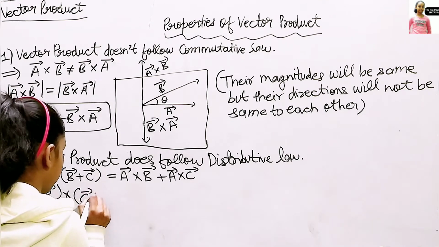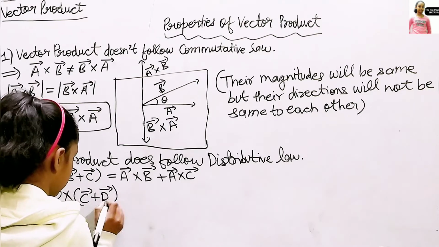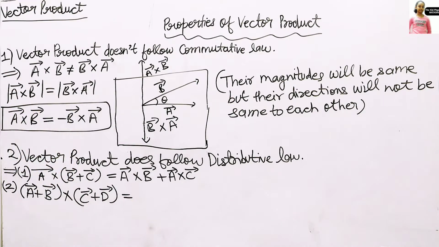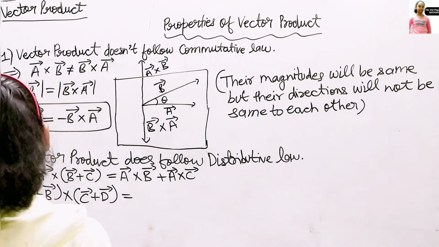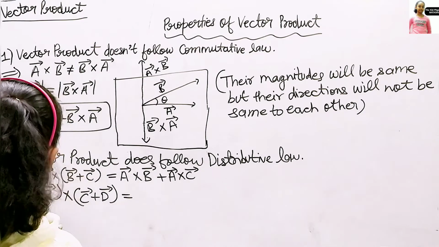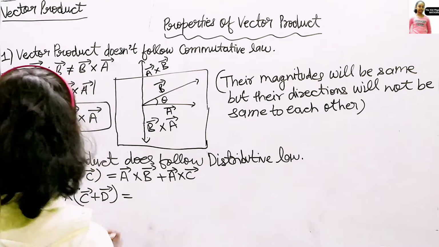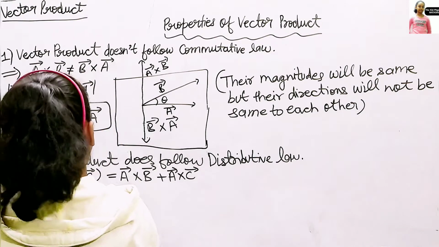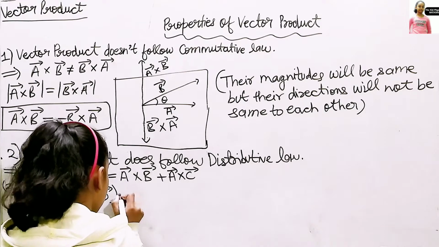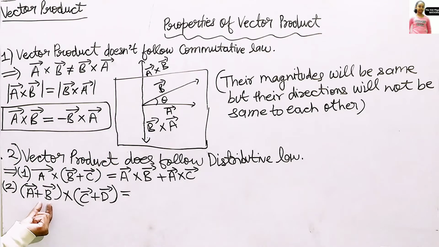This one will be big. So first of all, I am going to do the vector product of vector A with C and D, and then the same for B.